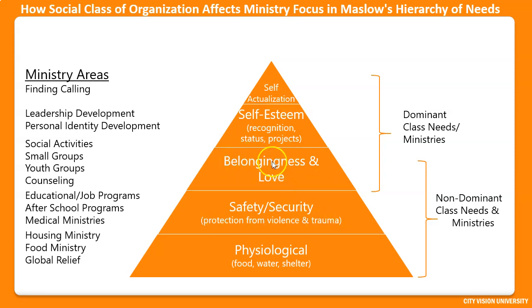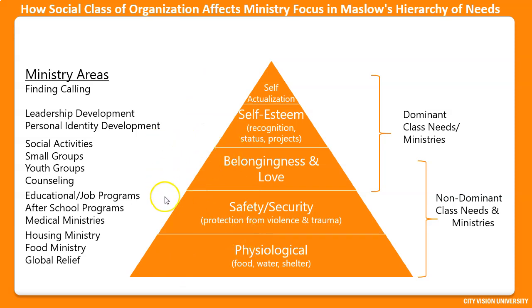Then they focus on belongingness and love, and then on their self-esteem, and then self-actualization. So for instance, if you're about to die of hunger or dehydration, you're not sitting here thinking about how do I get the most fulfilling job that makes me feel like I'm living out who I am, right?